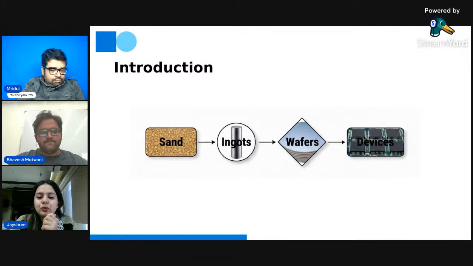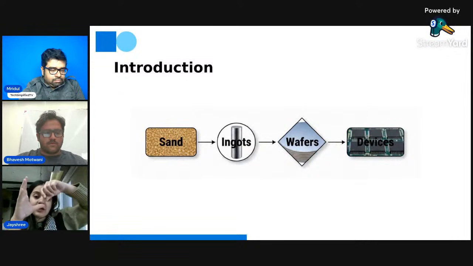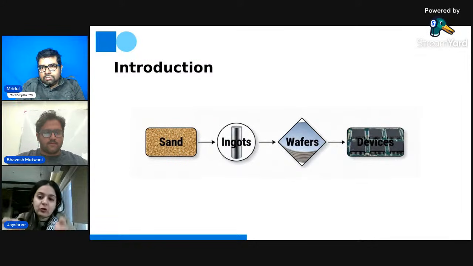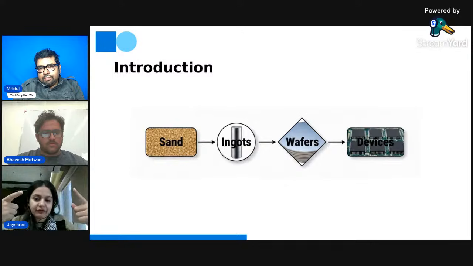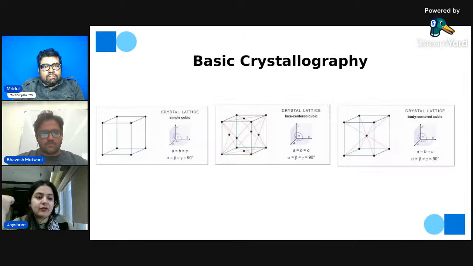In that way, we understand how from sand we get the ingots, grow one single silicon crystal, and from that single ingot we get multiple wafers, and from each individual wafer, finally the fabricated ICs.